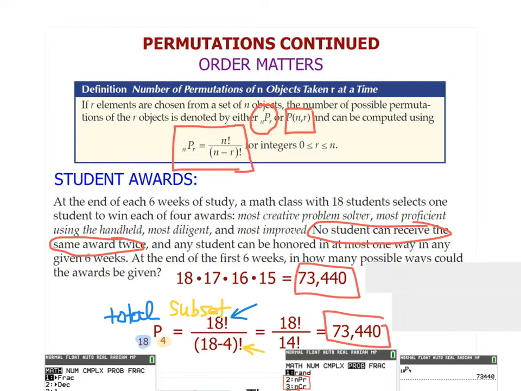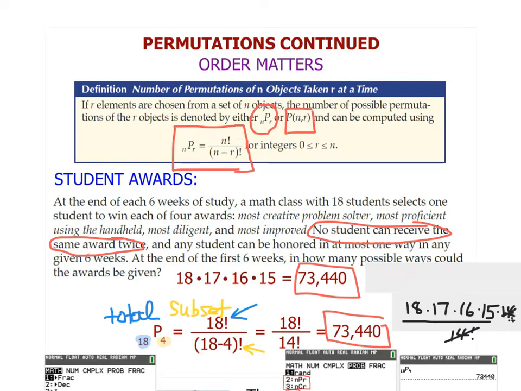Now, if I was to write this out, 18 factorial divided by 14 factorial, well, the 14 factorial is going to get canceled out from the numerator. So if I have 18 times 17 times 16 times 15 times 14 and so on, you're going to see that 14 factorial cancels with all of that: 14 times 13, 12, and so on.